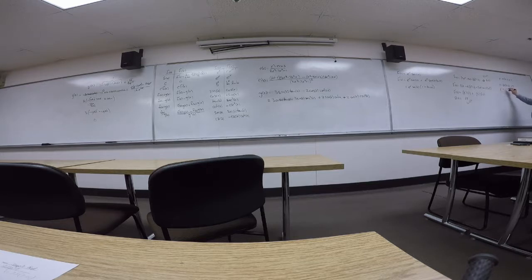Or y equals 68x minus 136 plus 5 is minus 131. Equation of the tangent line at the point 2, 5. It's not quite straight up, but it's pretty steep.